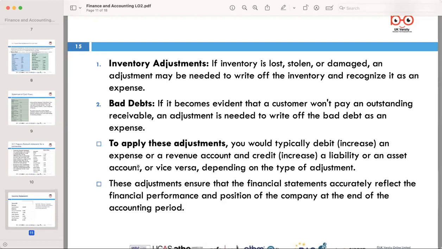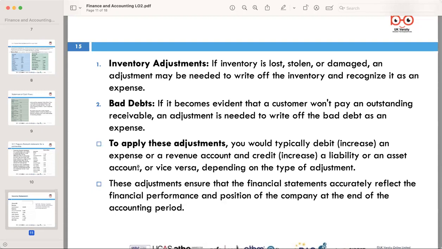When this happens, we need to make an adjustment to remove the value of that inventory from our records and recognize it as an expense. To do this, we typically increase an expense account by debiting it and decrease an asset account by crediting it. By doing so, we reflect the true value of the inventory on our financial statements.